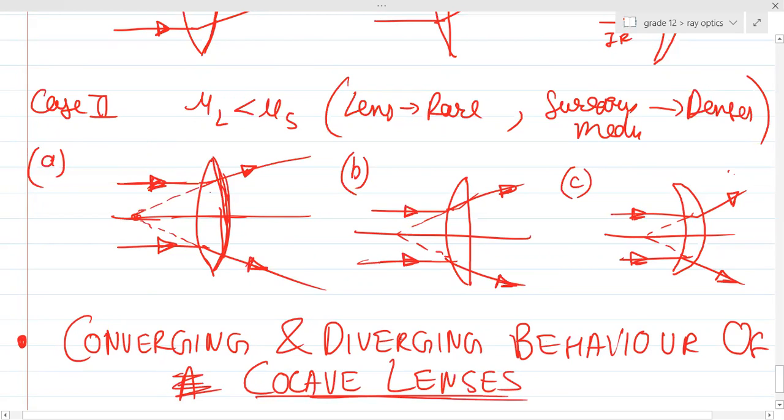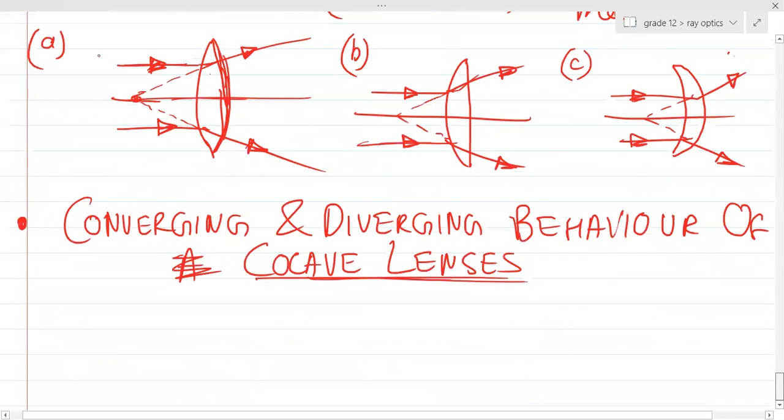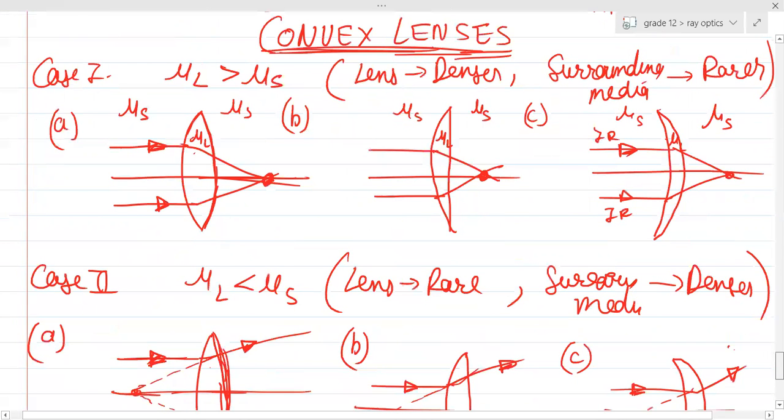Obviously, concave lenses will behave just opposite of this, right? So these diagrams which I have drawn will come in that, and those diagrams will come in this. So again, two cases you will do. You can leave half a page for this.